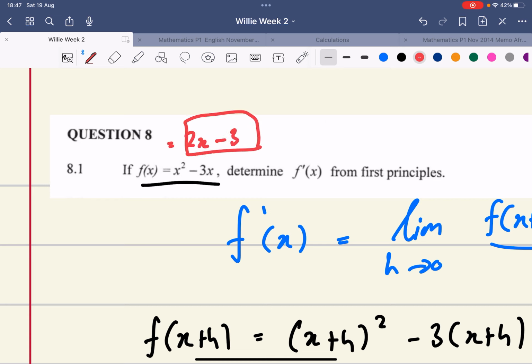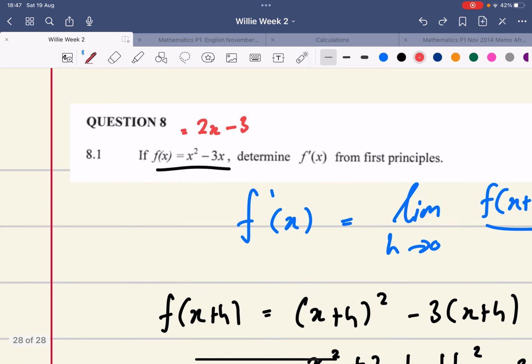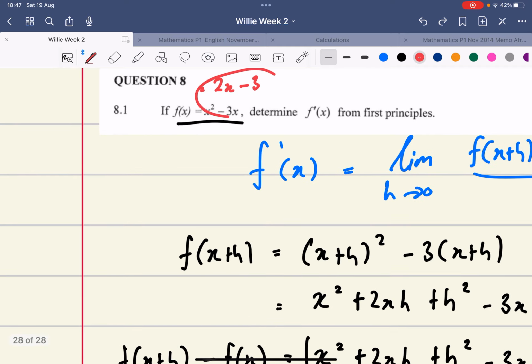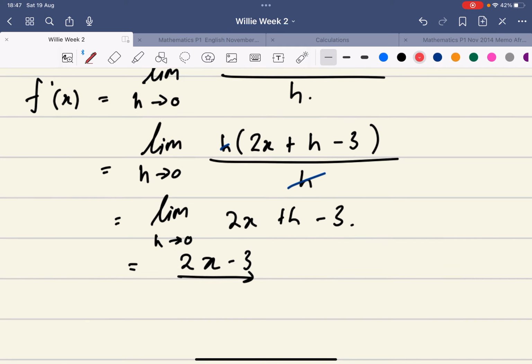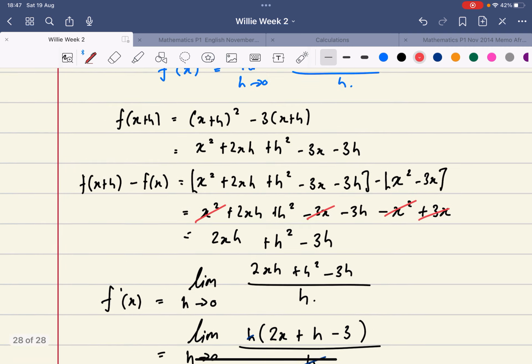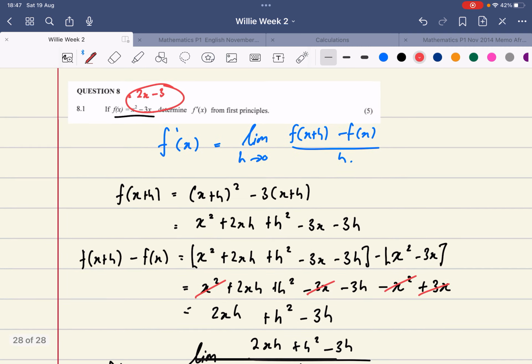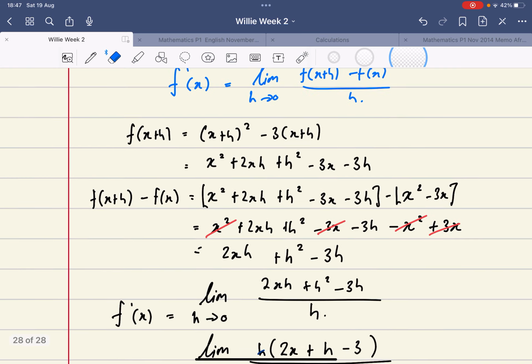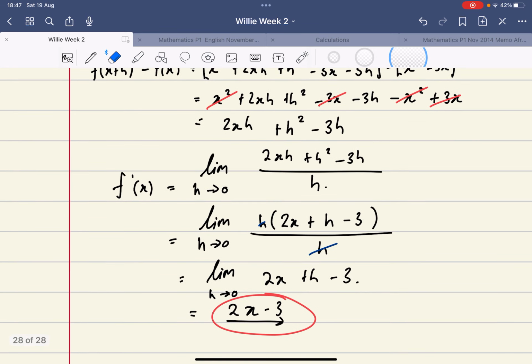That's just from our simple laws that we have there. So that corresponds with our final answer here. Of course, if in a question your final answer for the first principles doesn't come out as the derivative that you can see from your rules, you've made a mistake somewhere in your simplification.